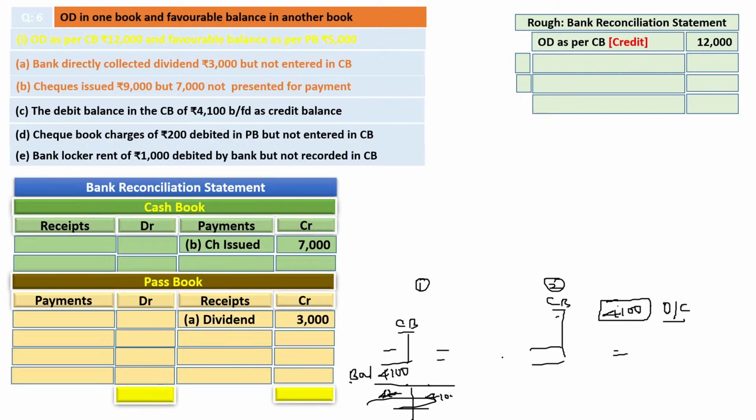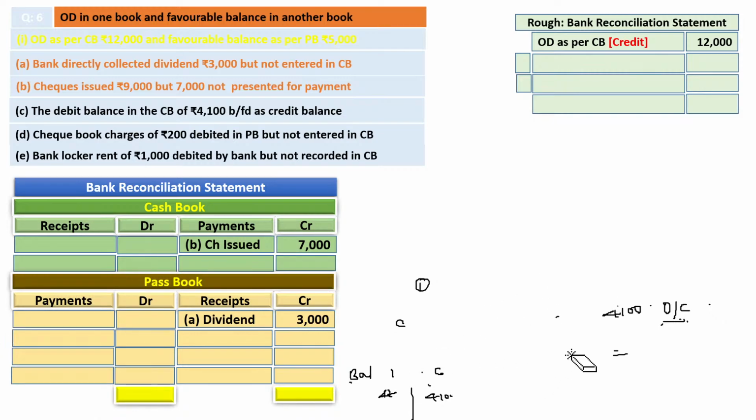They have missed this in the debit side, which means it's undercasting. This 4,100 is undercasting, this 4,100 is overcasting. Overcasting should be in the same side, undercasting should be in the opposite side. Isn't it? Let me explain again if you are having any confusions. Clear?